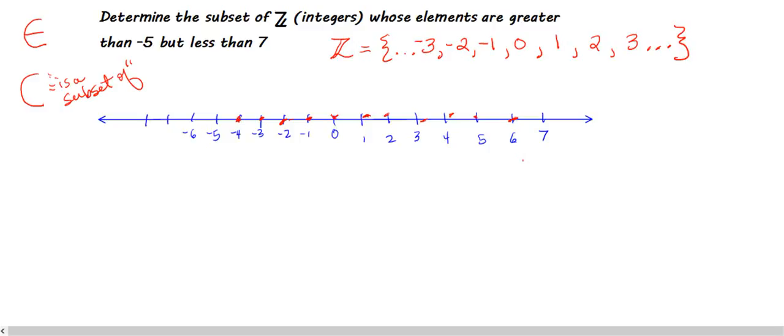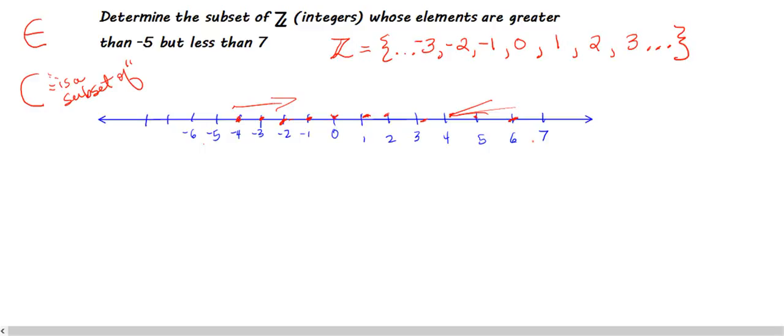Now, the big question is, are -5 and 7 included? He says greater than -5, so we want to go above -5, but also less than 7. Does -5 belong to this subset? No, he says above it, not at it.